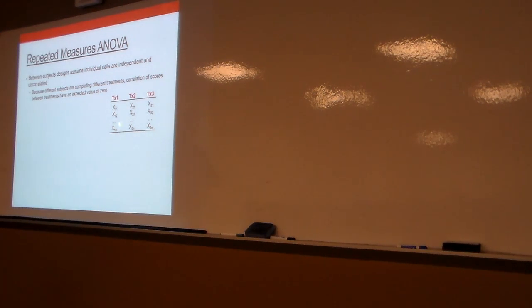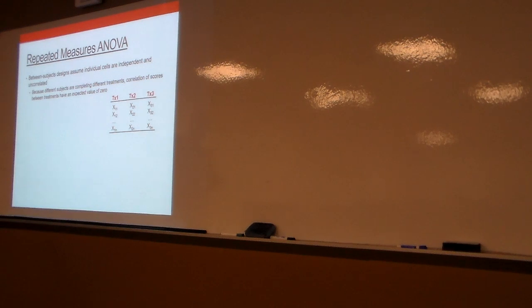We're assuming that individual scores across treatments 1, 2, and 3 are all independent of one another. The correlation between these treatments is 0 because they're randomly assigned to completely different things. The first person in condition A and the first person in condition B, their scores should be completely uncorrelated because they're different people, everything's independent, right?